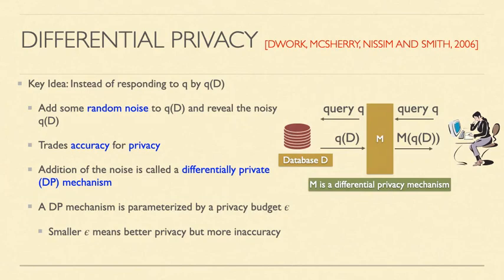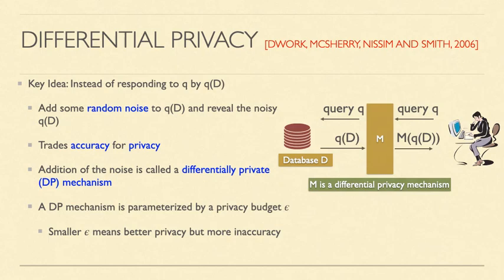In the differential privacy framework, what we do is we actually trade accuracy for privacy. So a differential privacy mechanism typically mediates the exchange between the database and the data analyst. When the database is queried, the mechanism adds some random noise to the true answer before forwarding the answer to the data analyst.